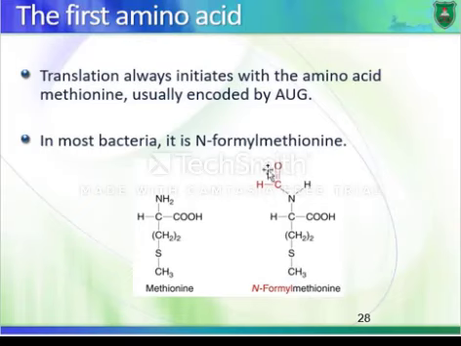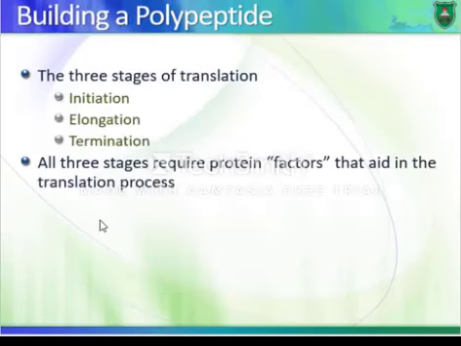So in both prokaryotes and eukaryotes we have methionine, but in most of the bacteria we have modified methionine with a formyl group at the N-terminus of the amino acid, as you can see here.